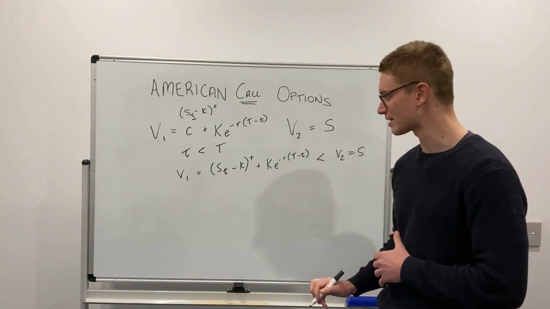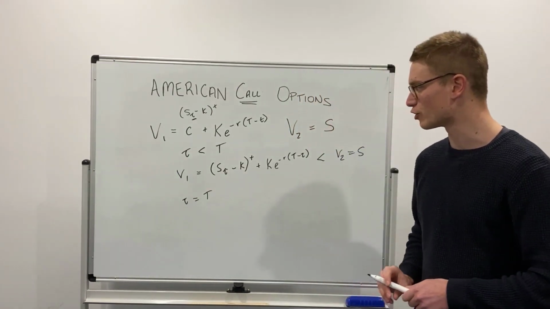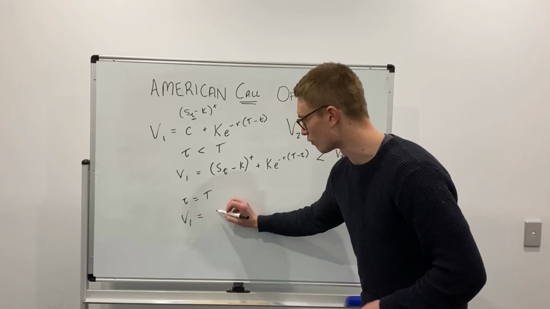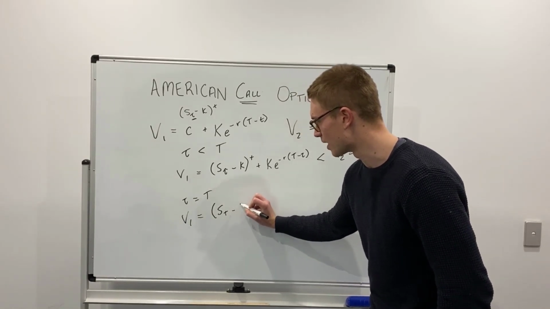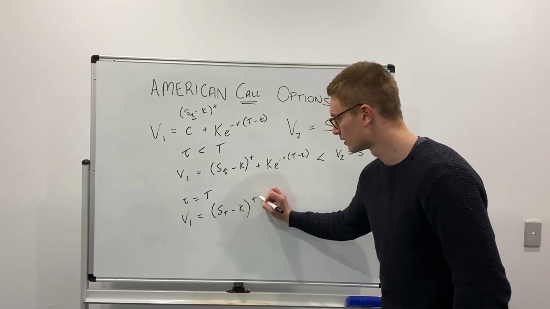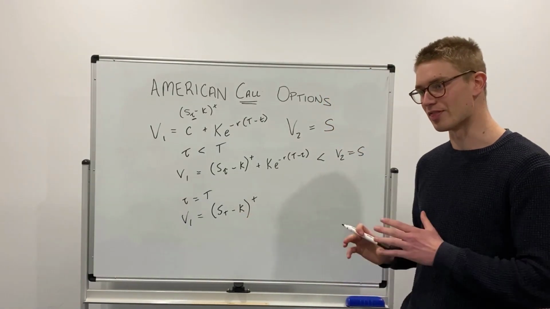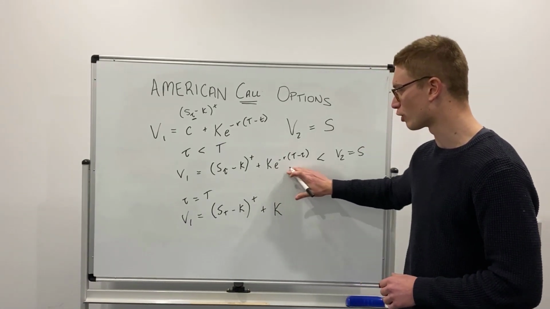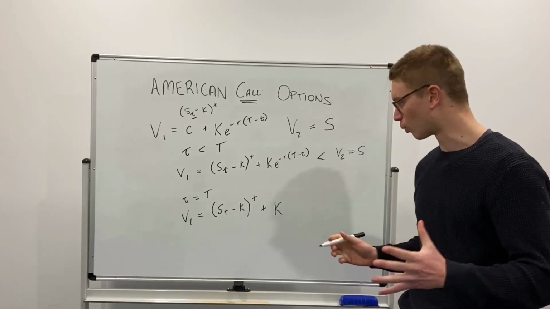In contrast, if you look at tau equal to T, then the portfolio value at the end of portfolio 1 is always going to be the max of 0 or ST minus K, plus K, because now you no longer need to discount the strike price, you'll have to pay K. So what does this mean?